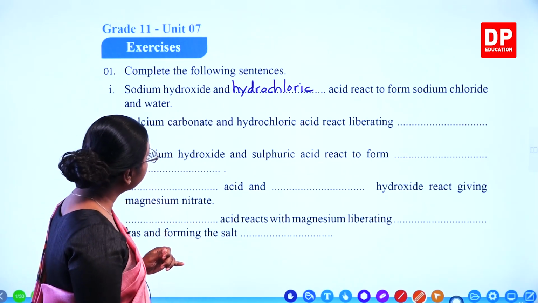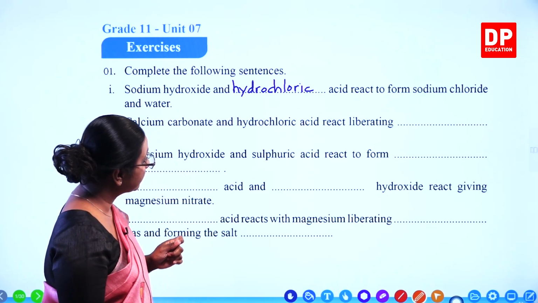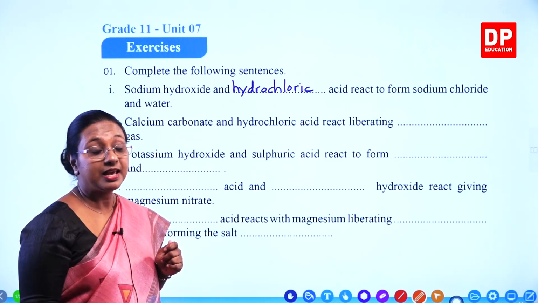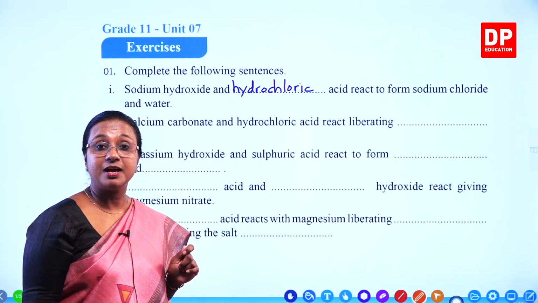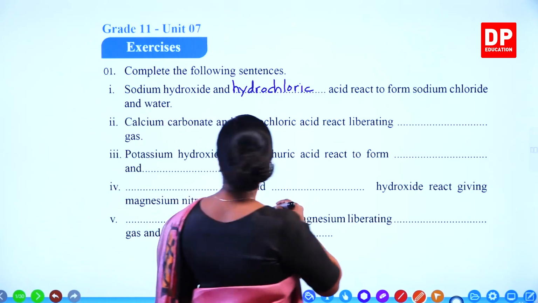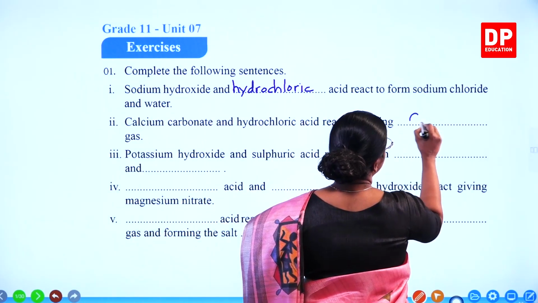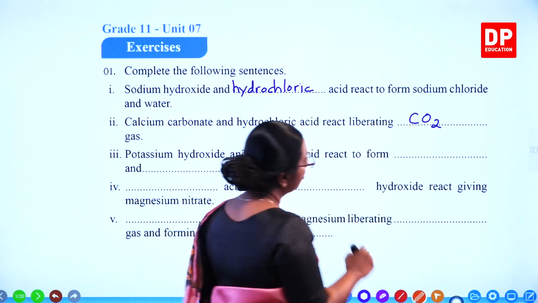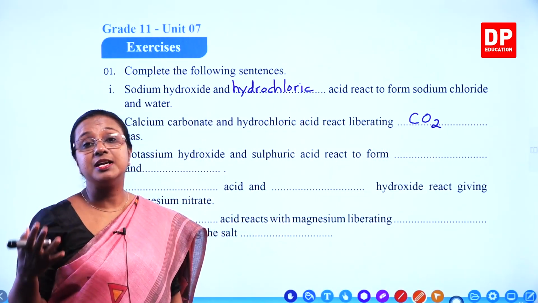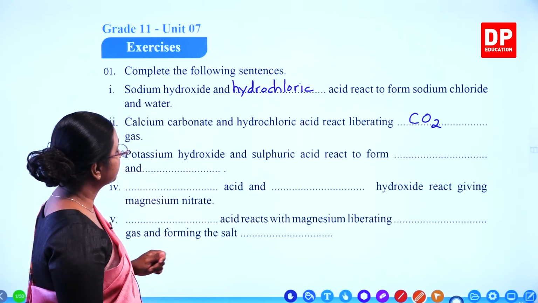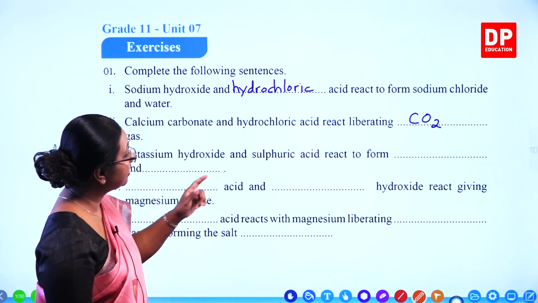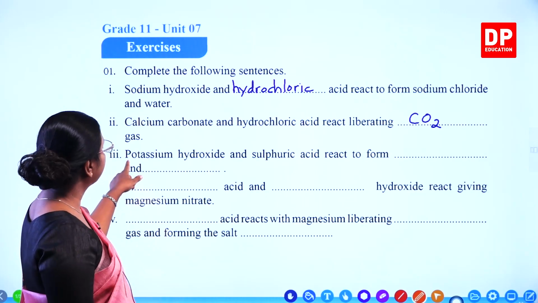Then calcium carbonate and hydrochloric acid react, liberating carbon dioxide gas. You can remember that acids react with carbonates and bicarbonates to liberate carbon dioxide gas, CO2 gas. Potassium hydroxide and sulfuric acid react to form what?